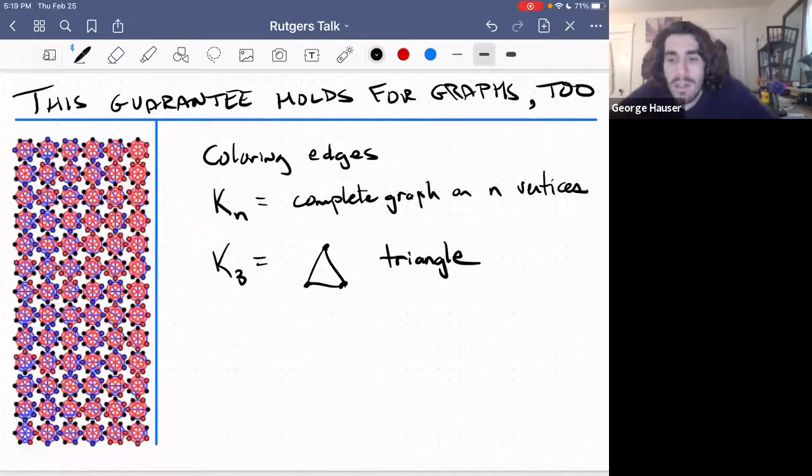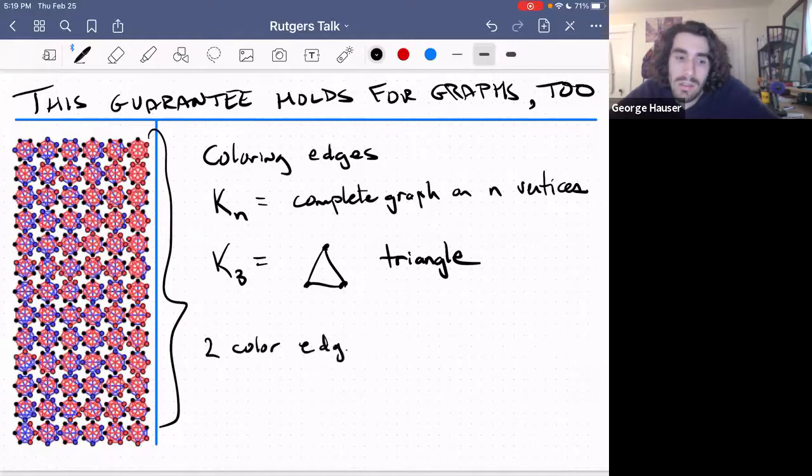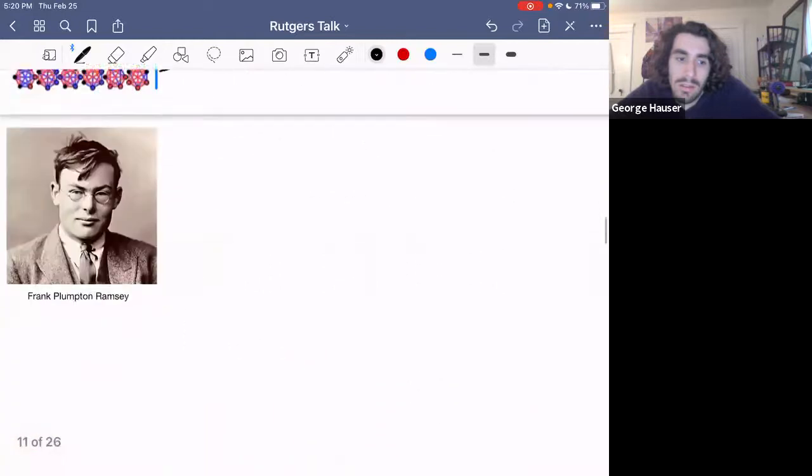So it's the only one that's a polygon. Okay, so I'm going to 2-color the edges, and here's a bunch of ways to 2-color the edges of K6. There's a reason for that, but we don't need it.